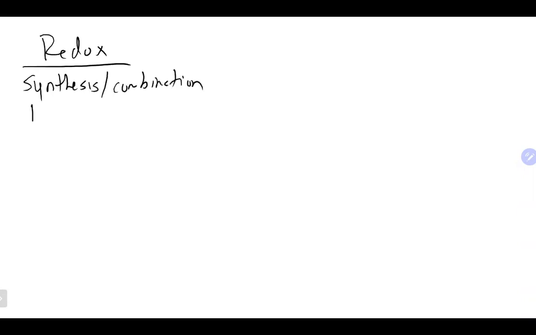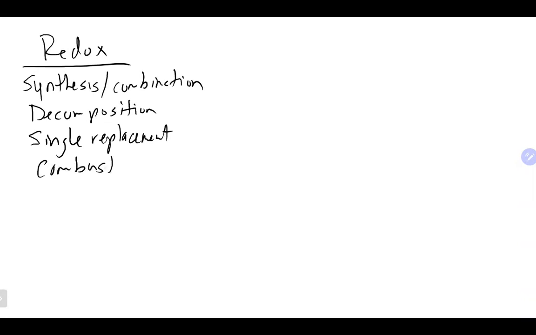You have your decomposition reaction. You have your single replacement reactions. And you have your combustion reactions. So again, the big umbrella being redox, but more specifically underneath that, you can classify a reaction one of those ways, or even multiple of those ways, depending on what you're looking at.